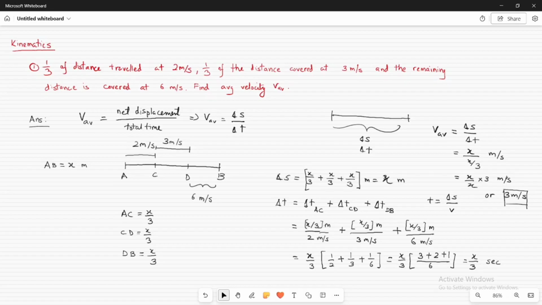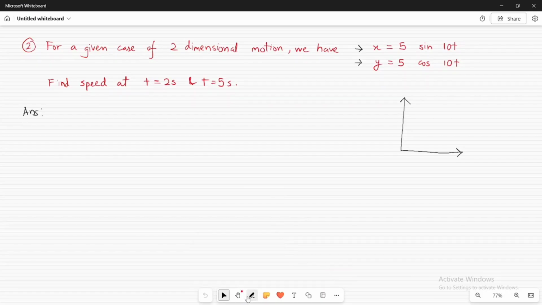This is question number 2. For a given case of two-dimensional motion, we have x equals 5 sin 10t, y equals 5 cos 10t. We have to find the speed at t equals 2 seconds and t equals 5 seconds.